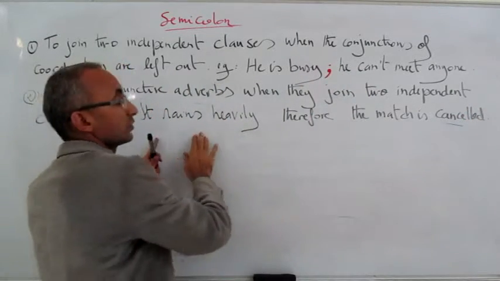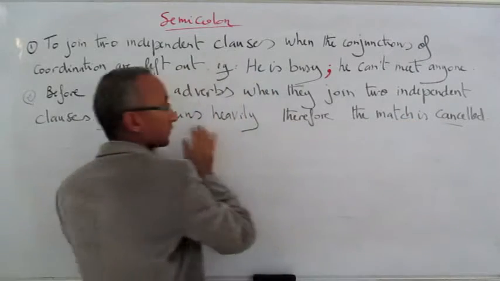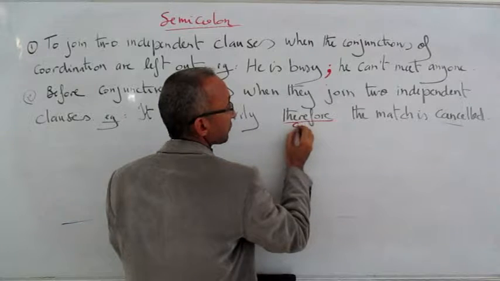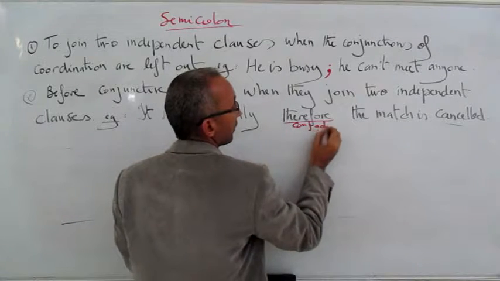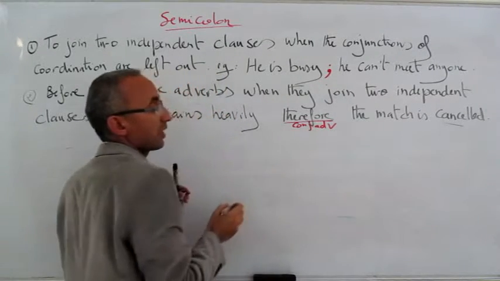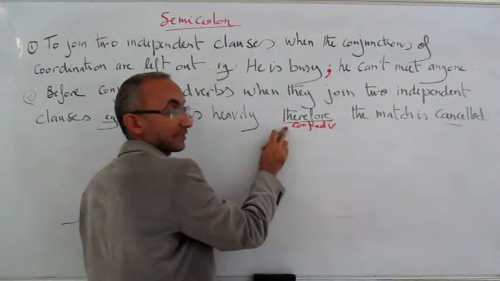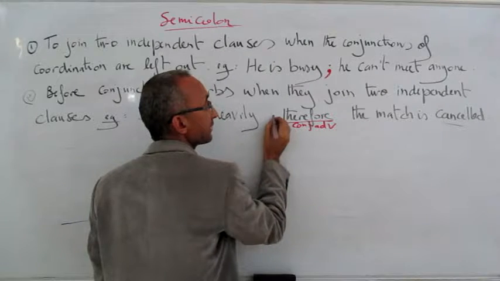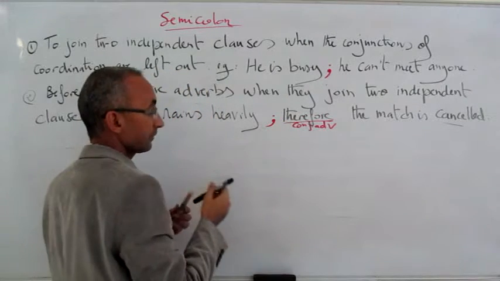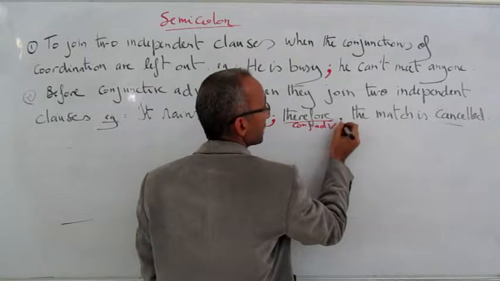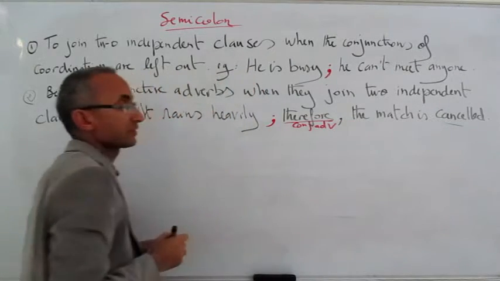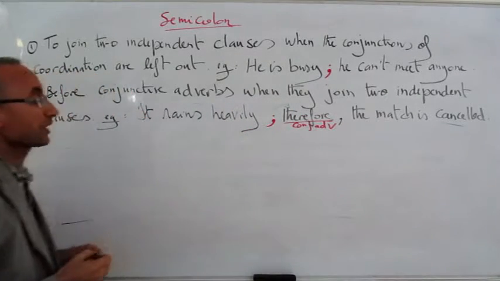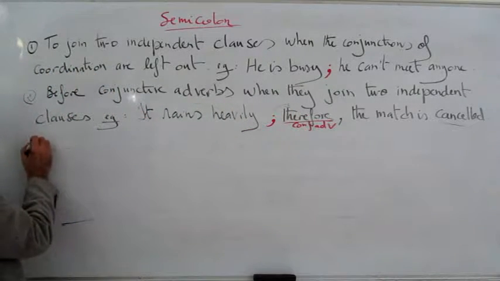Here I have joined two independent clauses by means of a conjunctive adverb, but this adverb should always be preceded by a semicolon and followed always by a comma. And here is our second use of the semicolon, with the conjunctive adverbs.